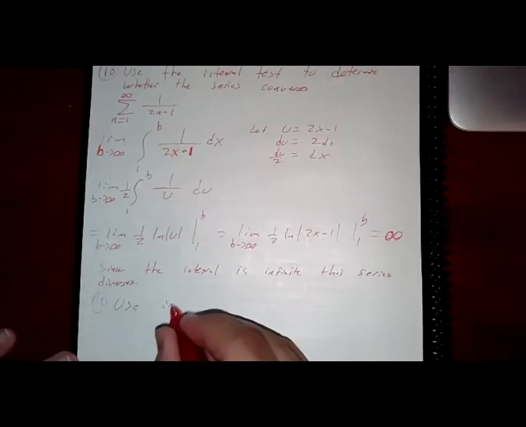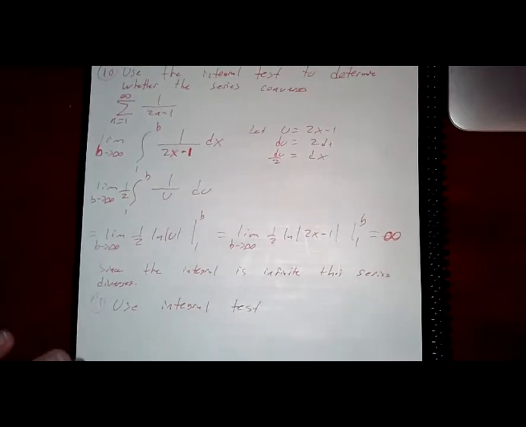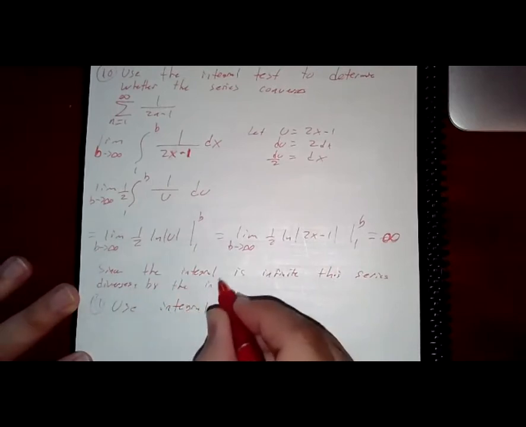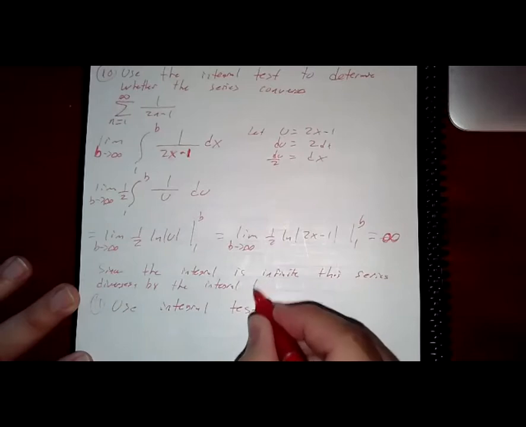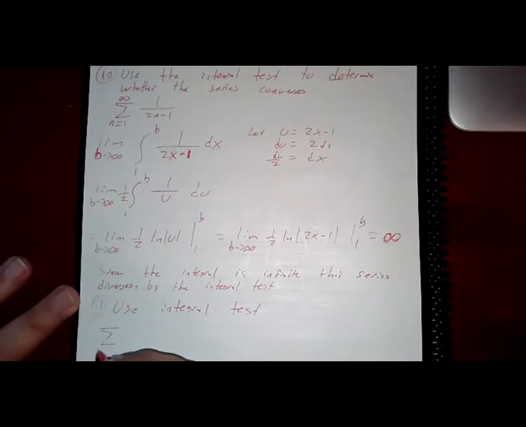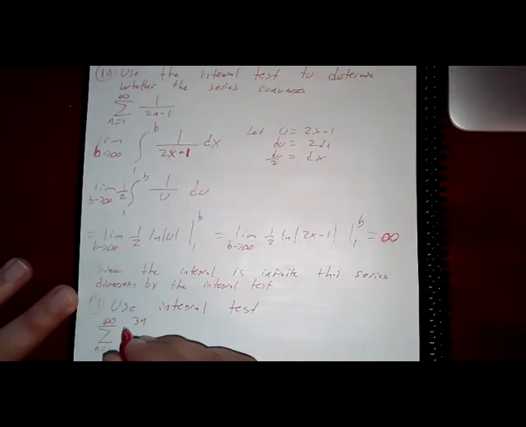So I'm going to skip this guy. See how the integral would be easy, right? The sum from n equals 1 to infinity of 3n over n squared plus 4.